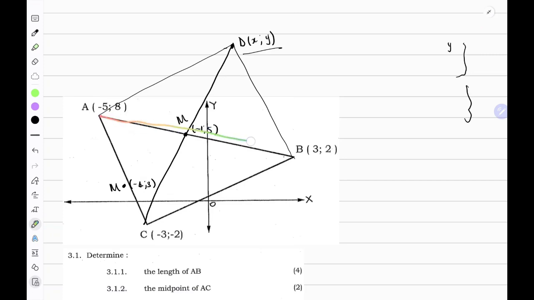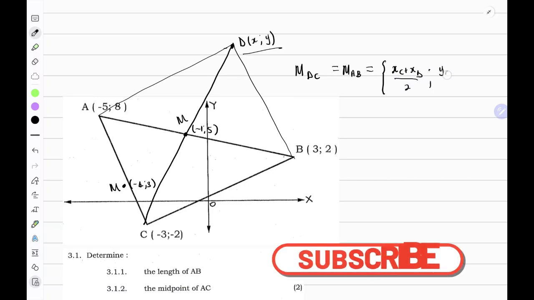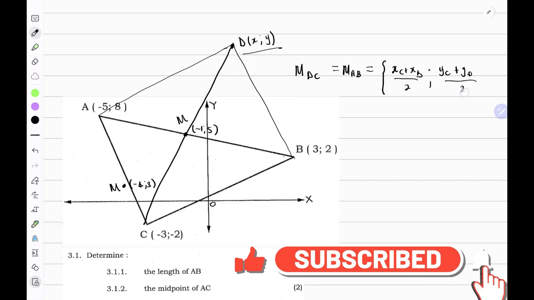And since these diagonals AB and CD share the same midpoint, we can use the midpoint formula once again to establish the coordinates of D. So we can say the midpoint of DC is equal to the midpoint of AB, because this holds for a parallelogram, and this is equal to XC plus XD over 2, YC plus YD over 2.